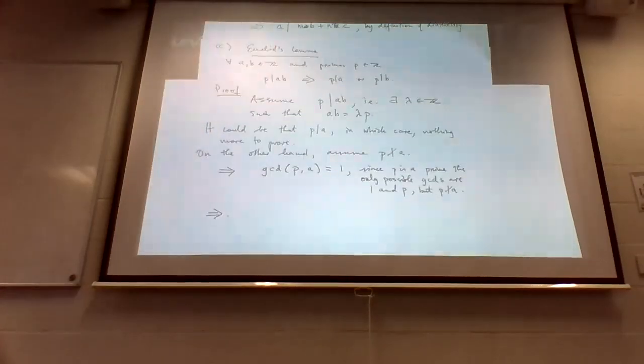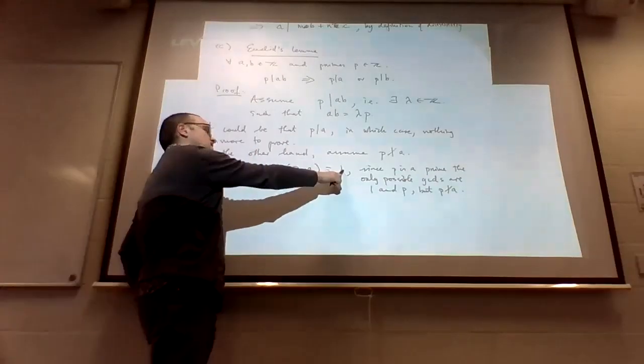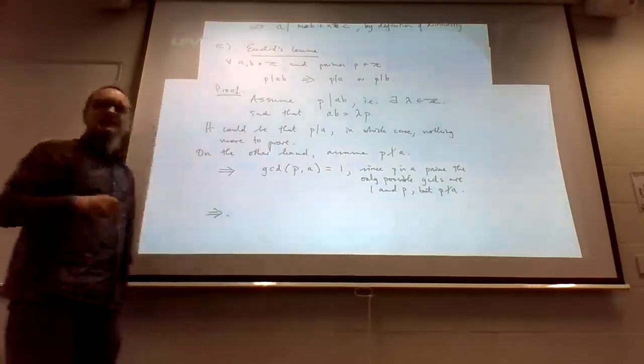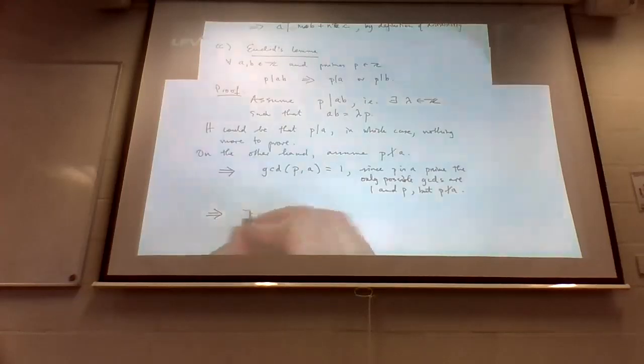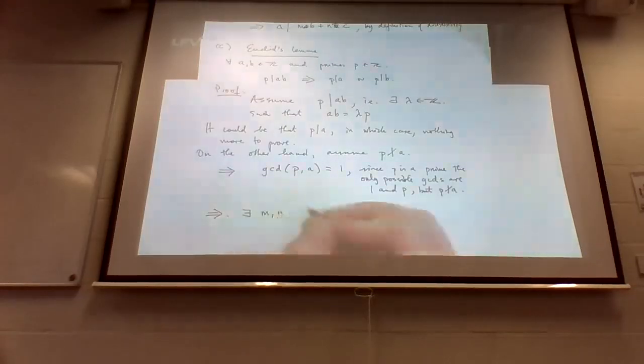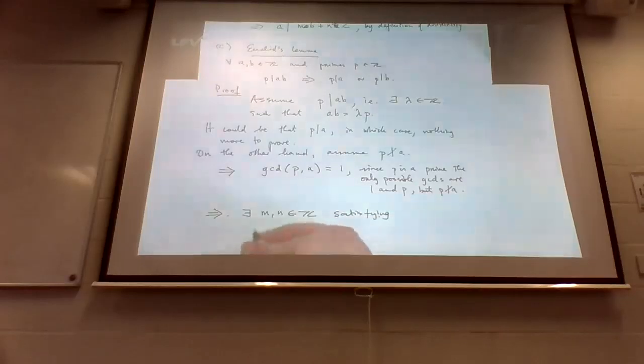And the conclusion we draw from that is we make use of the fact that GCDs can always be written as linear combinations of the two numbers. So this means that there exist coefficients M and N satisfying MP plus NA equals 1.